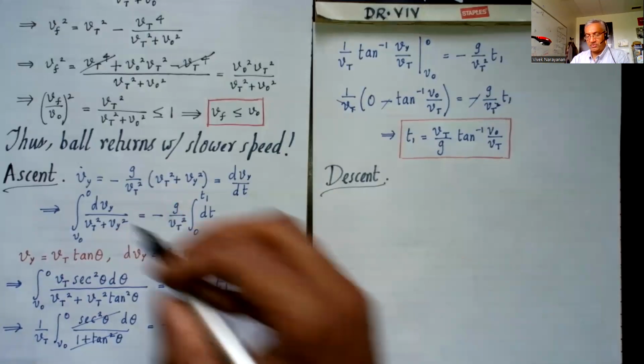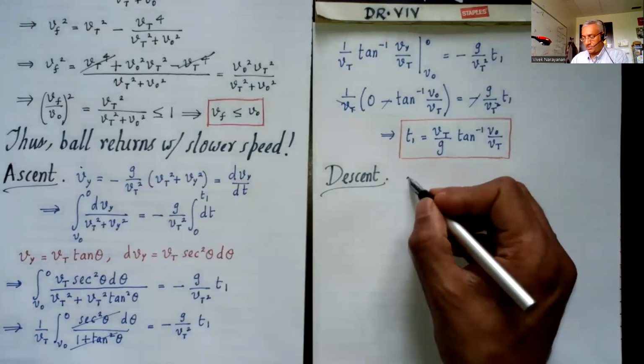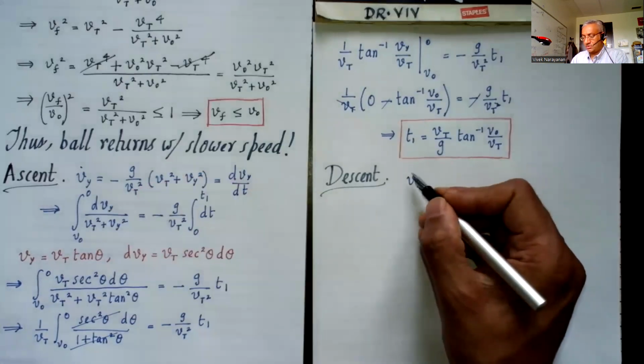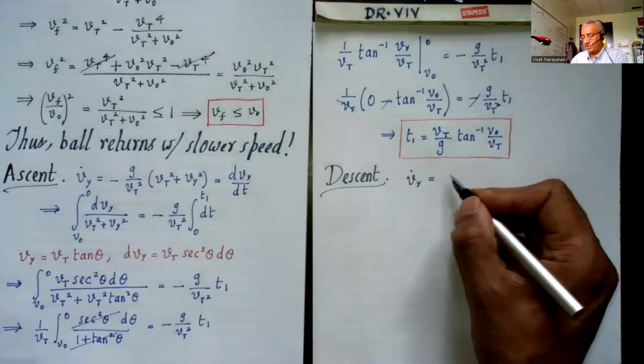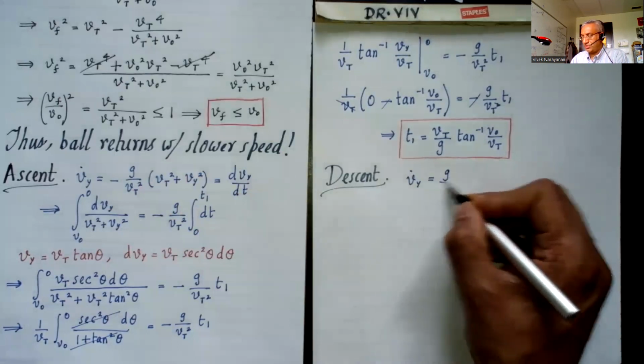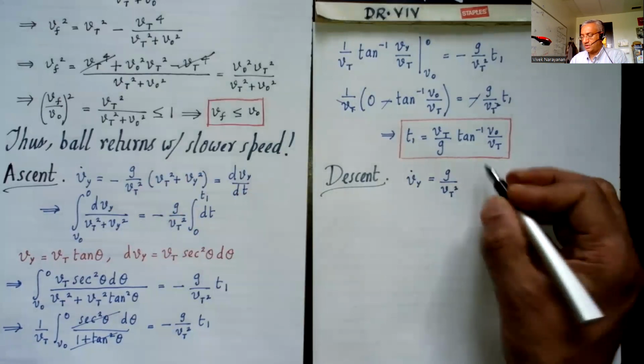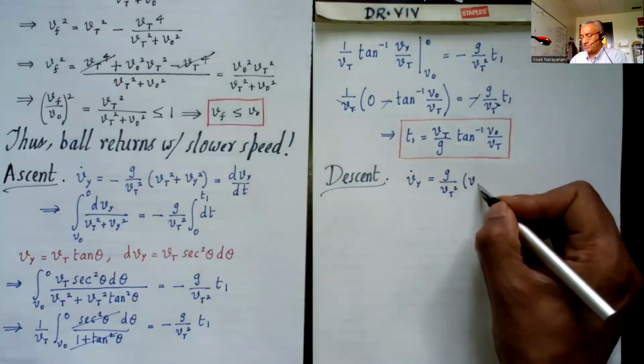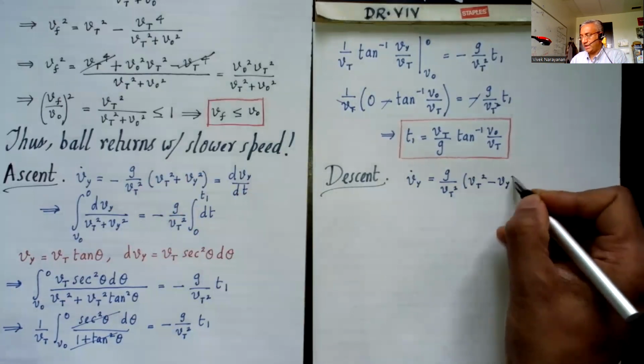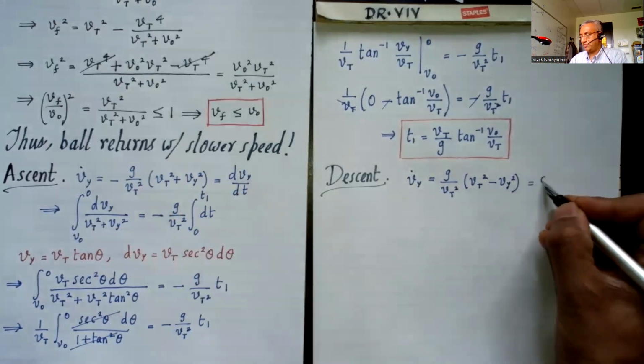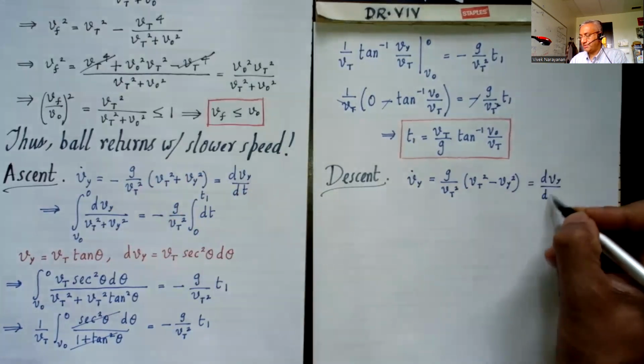So I'm going to just write that. Vy dot is simply going to be g over Vt squared minus Vy squared, and that is dVy over dt.